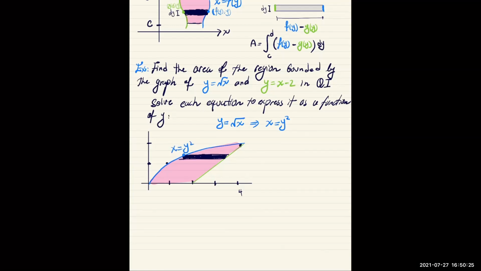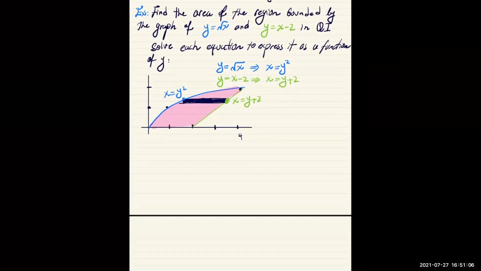And if I want to find what this x is, I solve this relation for x. That gives me x equal to y plus 2. So the equation of the green line is going to be x equal to y plus 2. This is still a line. It's just that we are expressing x in terms of y instead of expressing y in terms of x.